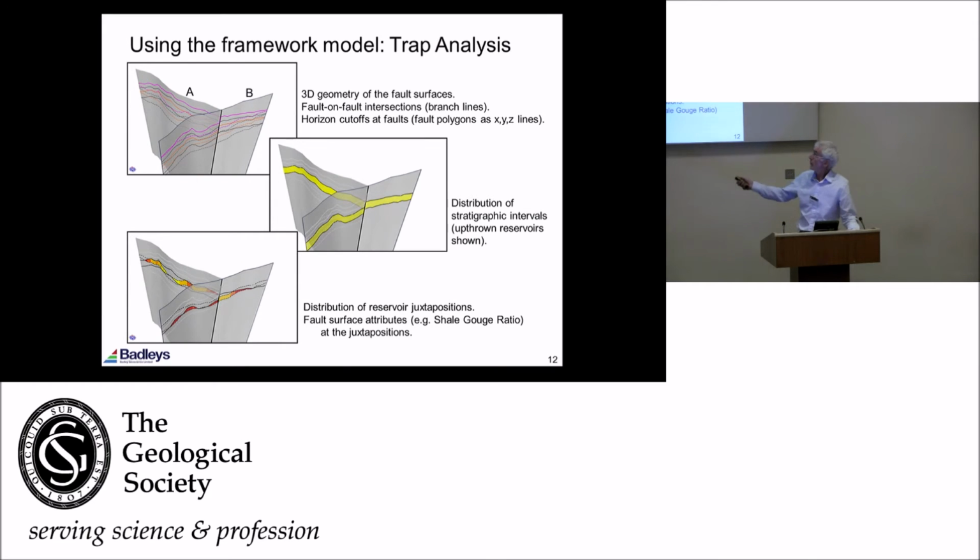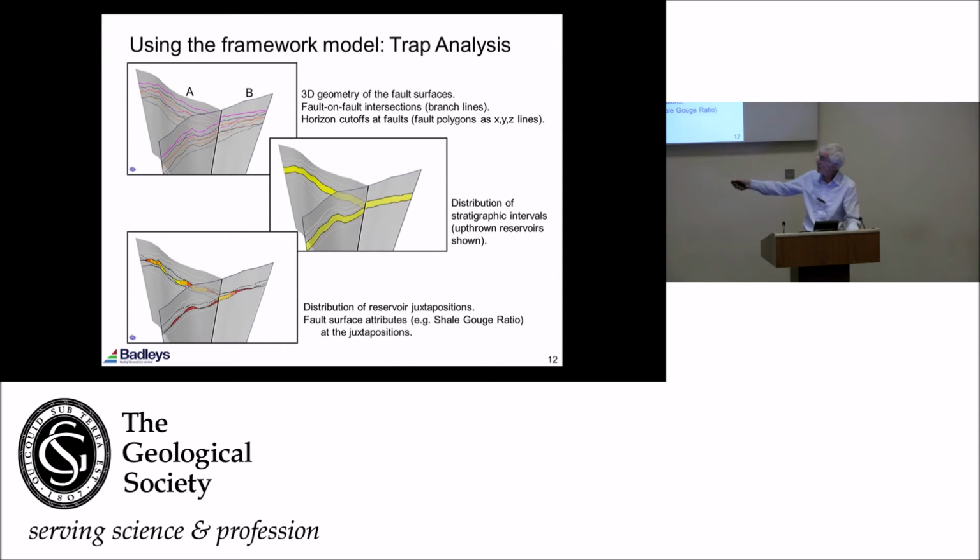In the next diagram, we can use those lines on the first part to highlight where our target reservoir is sitting on the upthrown side of each of those faults. So we can focus in, having constructed our framework model, on the parts of the faults which are acting as potential side seals. And then we can further take that and look at where we might have reservoir units on the other side of the fault which are juxtaposing against our target reservoirs inside the faulted area.